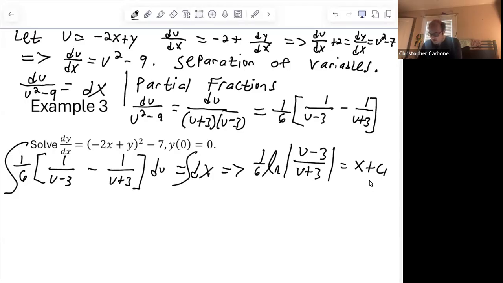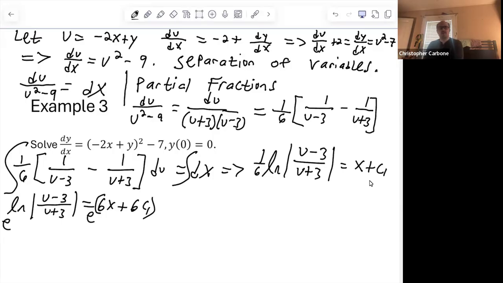So with that being said, we could multiply everything there by 6 to get the natural log of the absolute value of u minus 3 over u plus 3 is equal to 6x plus 6 times c sub 1, and then take e to the power of both sides of this equation.